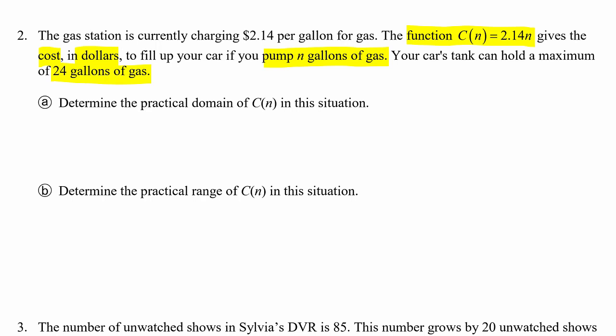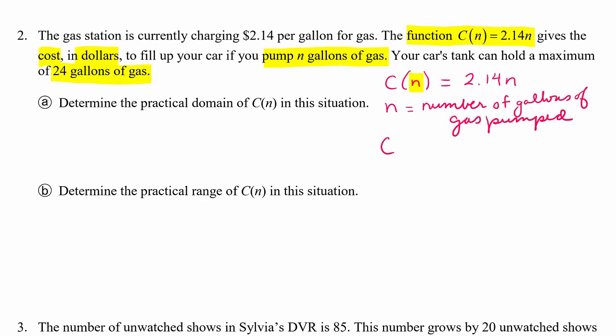So again, using our function notation, C of n equals 2.14n is the equation, and the input variable is n, which represents the number of gallons of gas that you pumped into your gas tank. And then C of n is our output variable, which represents the cost in dollars to fill the tank.